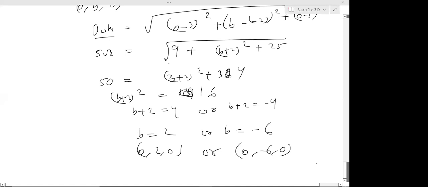How did you solve this, Saifullah? I used the long method, doing everything. Long method means you took the point as x, y, z. Yes. Then how did you solve? Then I used the distance formula, then I got a quadratic equation, I solved it and I got the answers. Okay.